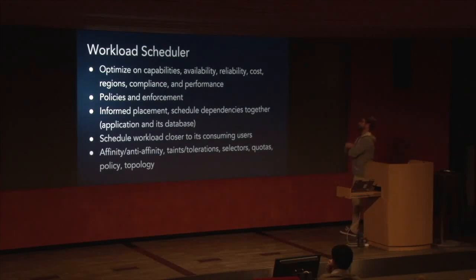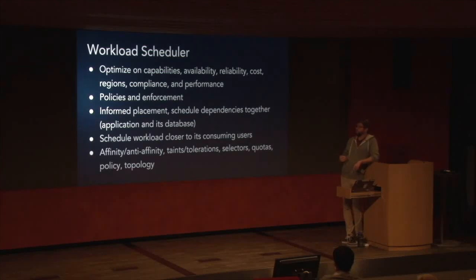The scheduler here I think is one of the most powerful parts about this design. It's one thing to say, yeah, I can run my app in Amazon, I can run it in Google, I can run it in Azure or Alibaba, whatever. I can run that in any of them without changing my app. That's cool, but it gets much more powerful when you have a smart scheduler that makes those decisions for you.